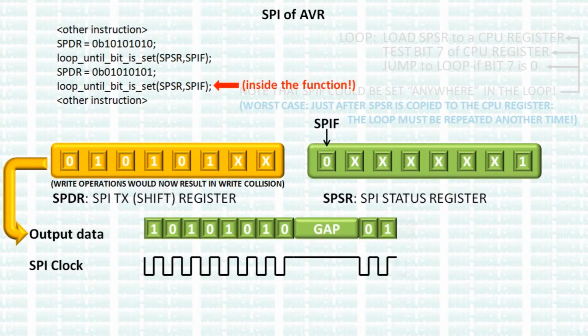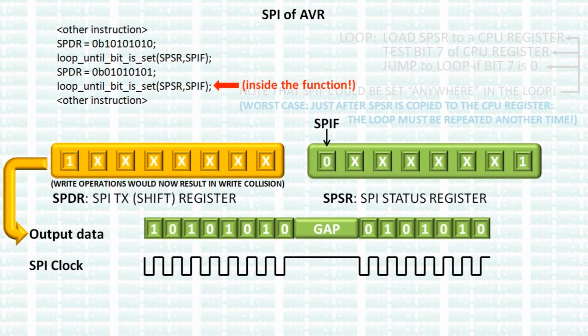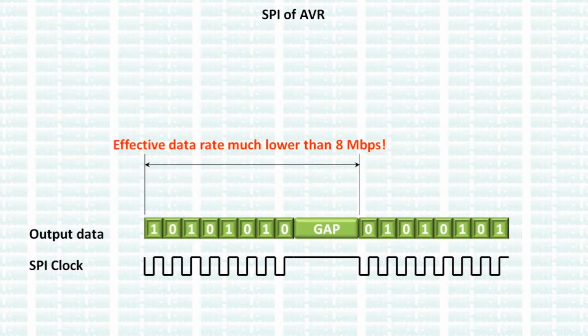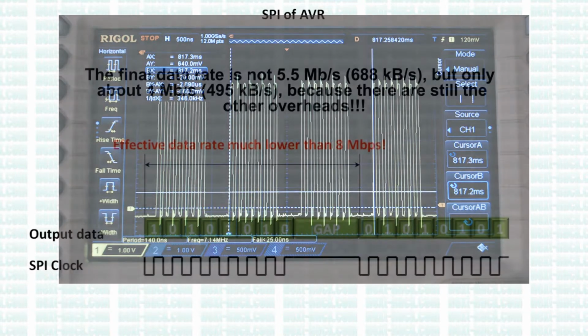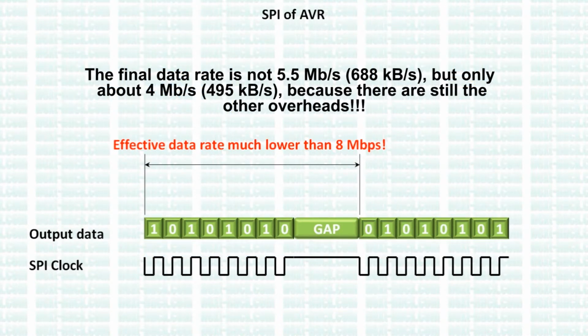The gap will increase in length as the transmission will start the next CPU clock cycle. As you can see, the effective data rate is much lower than the expected 8 megabits per second. From the scope, you'll find that it is less than 5.5 megabits per second, even in the optimized version. The final data rate is smaller because we haven't dealt with the other problems on the list yet.